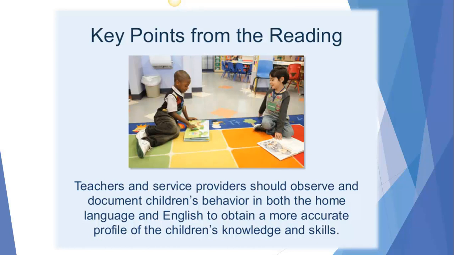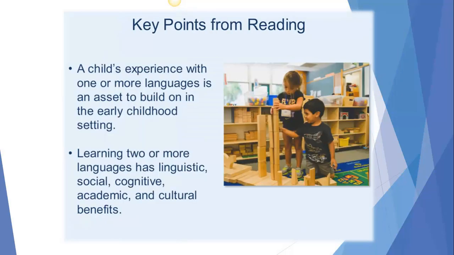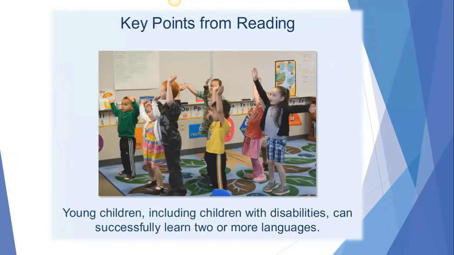And that's the same concept that we just talked about. A child's experience with one or more languages is an asset to build on in early childhood settings. We've talked about that. Young children, including children with disabilities, can successfully learn 2 or more languages. So again, this is where that universal design concept comes in for the DRDP.